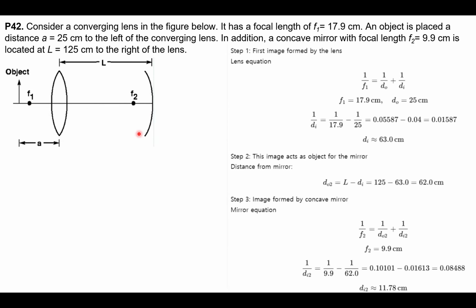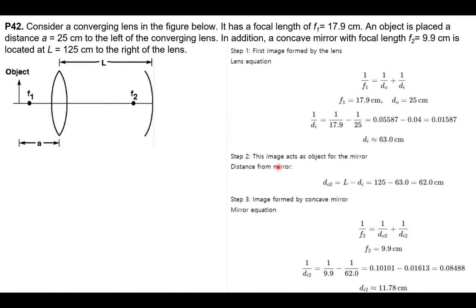And then you can find the final image. The first image formed by the lens can be found using the lens equation, and then di is found here, and so di is 63 centimeters.